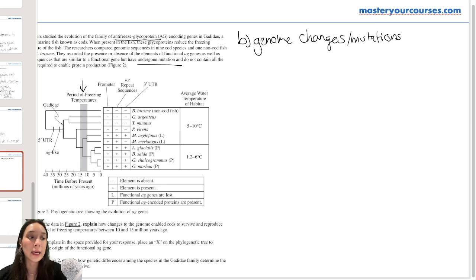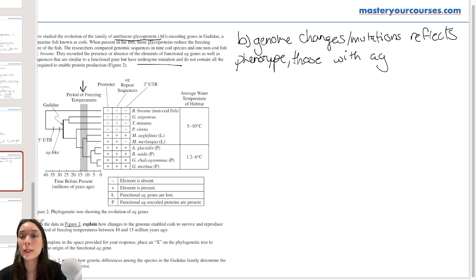We'll say that it reflects the phenotype. So reflects phenotype. So those with the AG genes, which are for the glycoproteins, would produce antifreeze proteins.